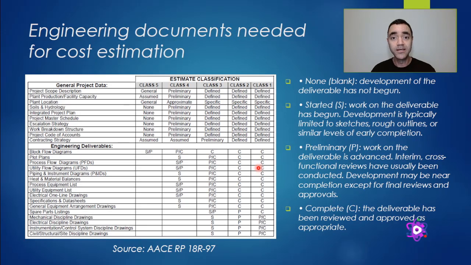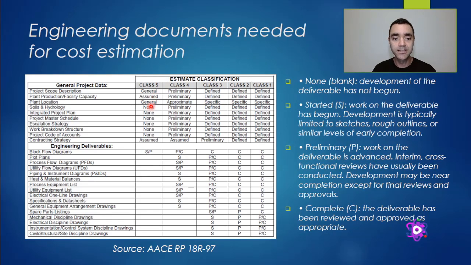Returning to the AACE recommended practice 18R97, you can find a table with the correlation for the engineering documentation, the project management documentation, and the class of estimation or the cost estimation class of a project.